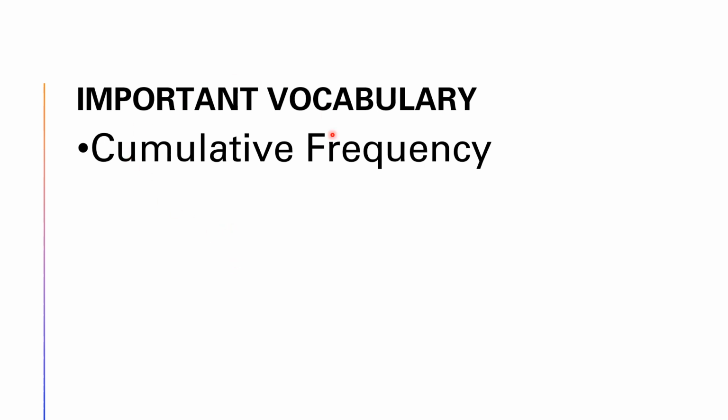Now, cumulative frequency. Think about whenever someone says you have a cumulative final exam. If you had a cumulative final exam, that would be like saying it covers everything we've done all semester. Same thing with the frequency here. This is saying add up all the counts up until this point.